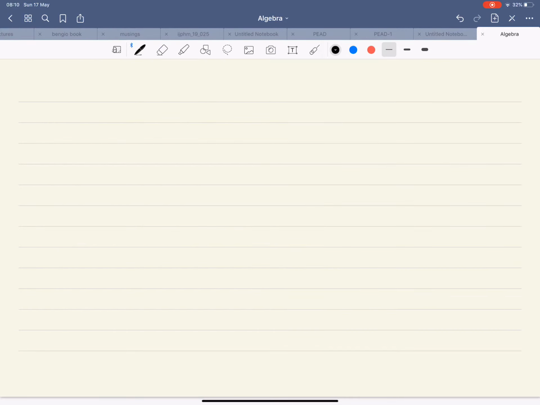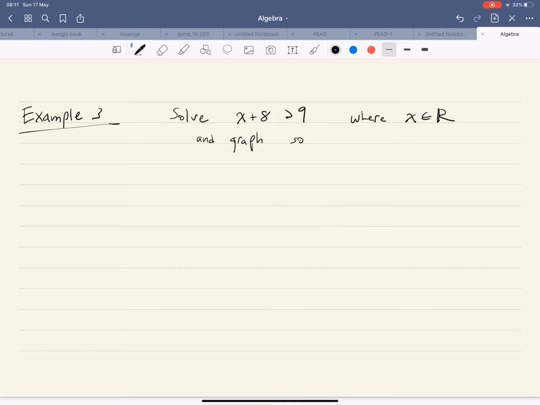Okay, let's do another example. Now we want to solve x plus 8 greater than 9, where the domain of x is all real numbers, and we want to graph the solution set.